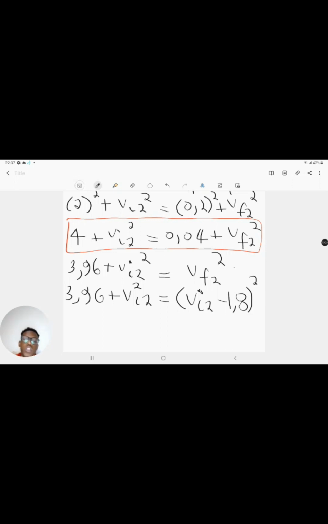Now you can see that we've got just VI2s in there, so now we can actually solve for VI2.